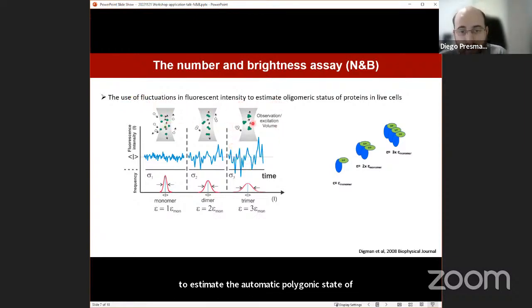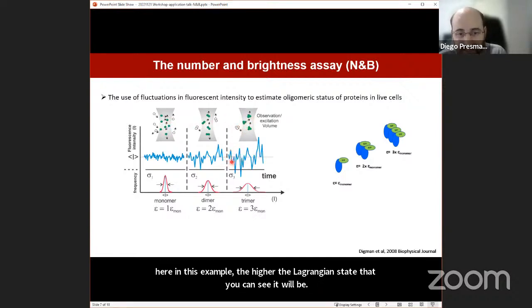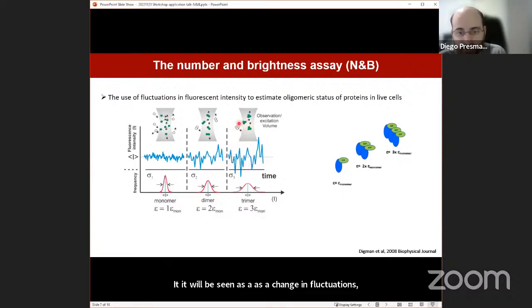So if we have different oligomeric states, the higher the oligomeric state, it will be seen as a change in fluctuations. Specifically, the amplitude of the fluctuations is going to be higher the higher the oligomerization state. And by measuring the variance, you can estimate how high these fluctuations were.